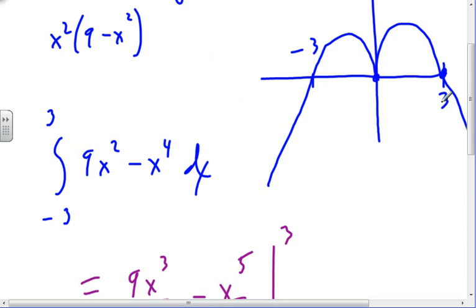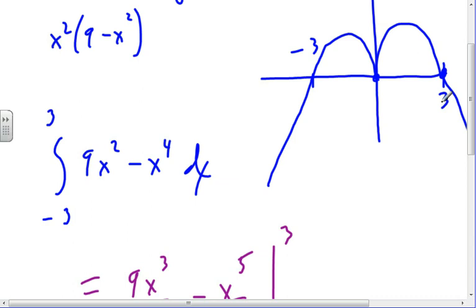Second function, integrate from minus 3 to positive 3 of 9x squared minus x to the 4th, boom.